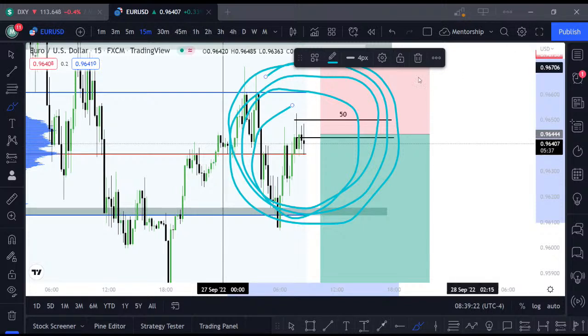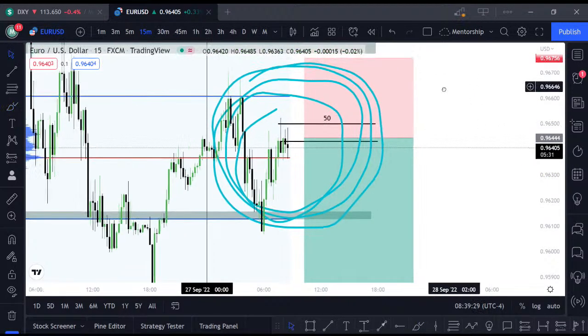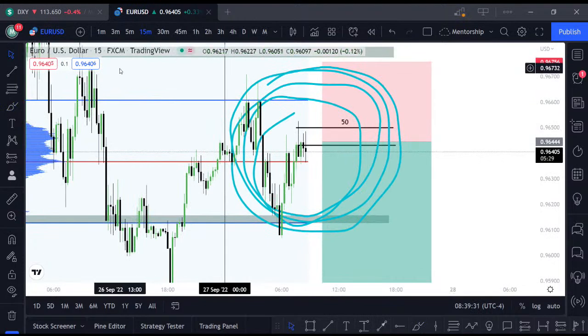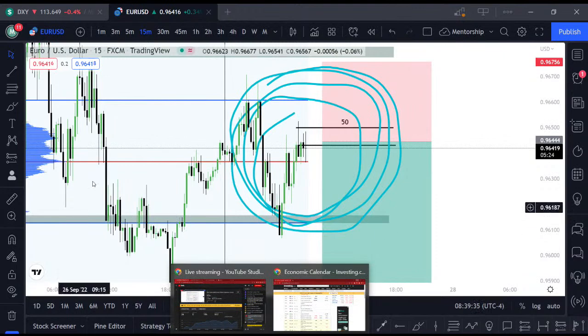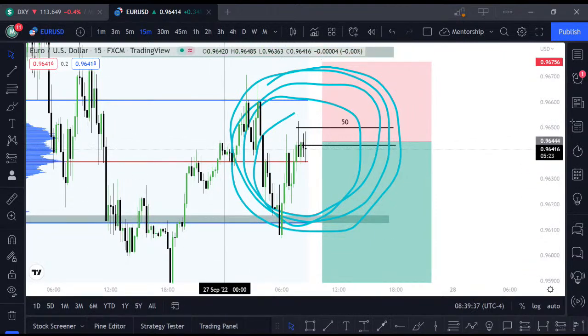Okay, that level is becoming indecisive. What time is it? It is 8:30 in the morning, New York time.